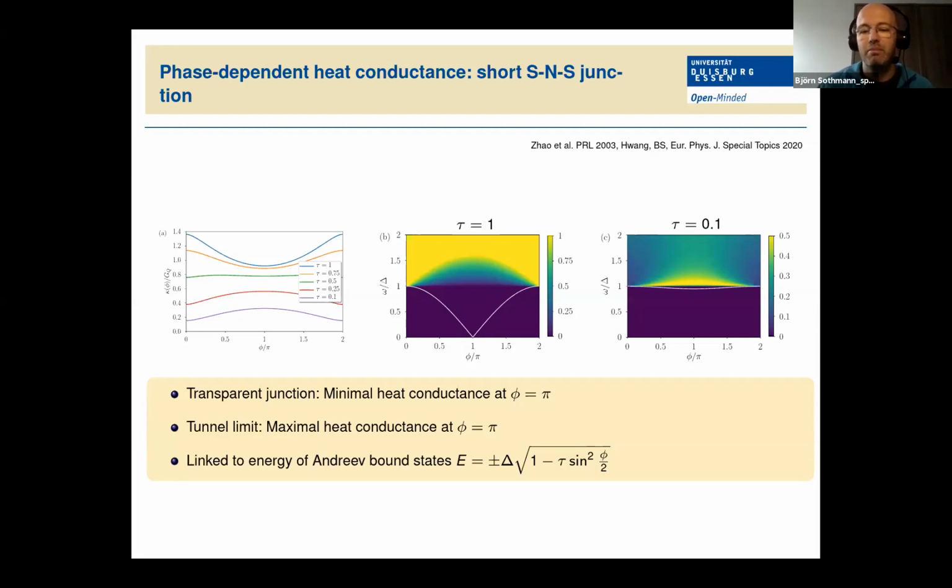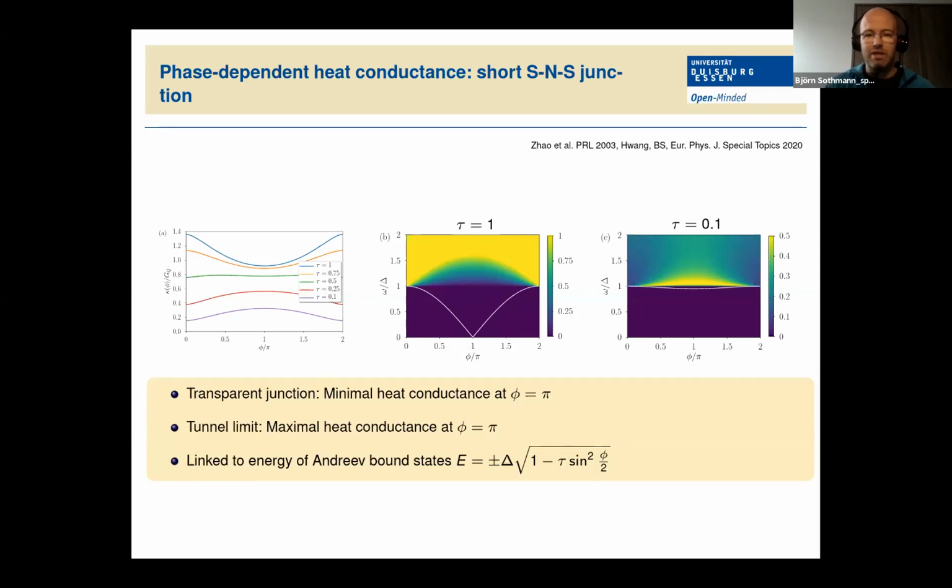That's a well-known phenomenon from quantum mechanics. And this resonance gives rise to the increased transmission and therefore connects to the maximum that we see over here. So this is what happens in a standard SNS junction that was calculated for the first time by Zhao and co-workers in 2003.